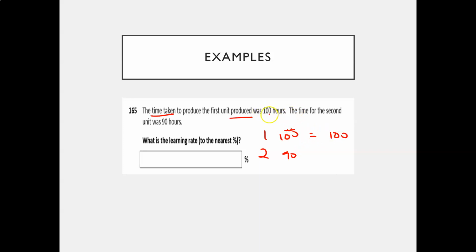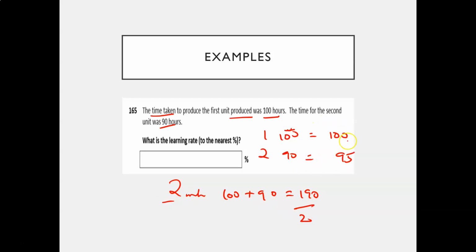Now, the total time to produce the first two units must have been 100 plus 90, which is equal to 190. So the average time to produce two units must be 190 over 2, and that is 95.